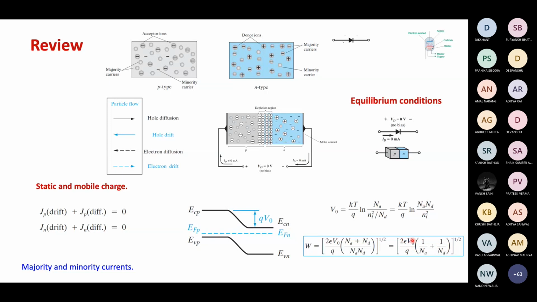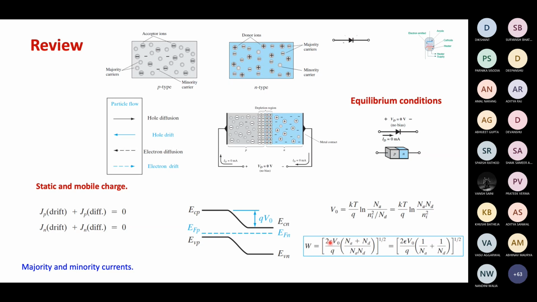If we look at the depletion width in terms of doping, it has a slightly complicated relationship. We cannot say that it is directly proportional or inversely proportional to the doping, but there is a general rule of thumb. Sir, what if we combine Na and Nd? Yes, Na is the acceptor doping on the p side, and Nd is the donor doping on the n side.